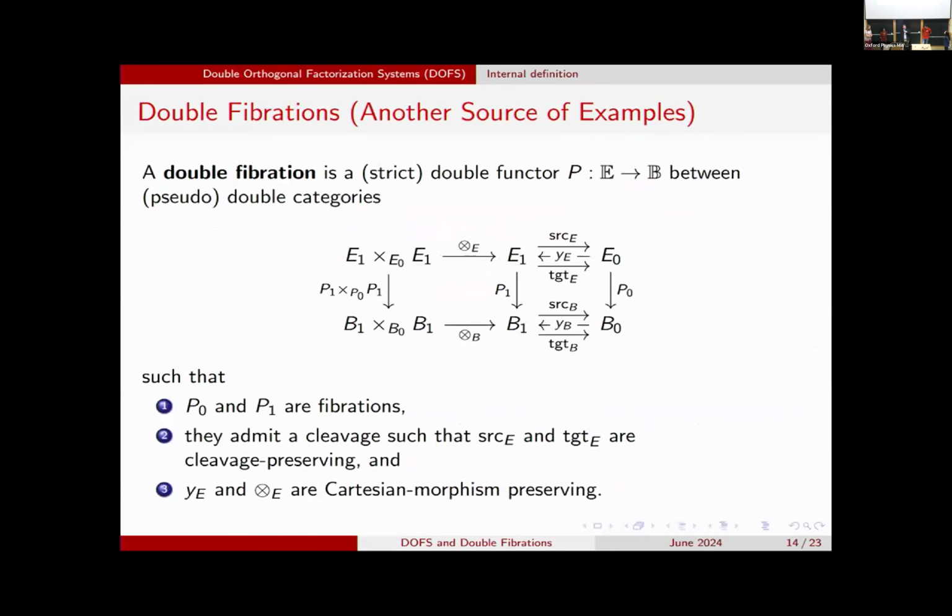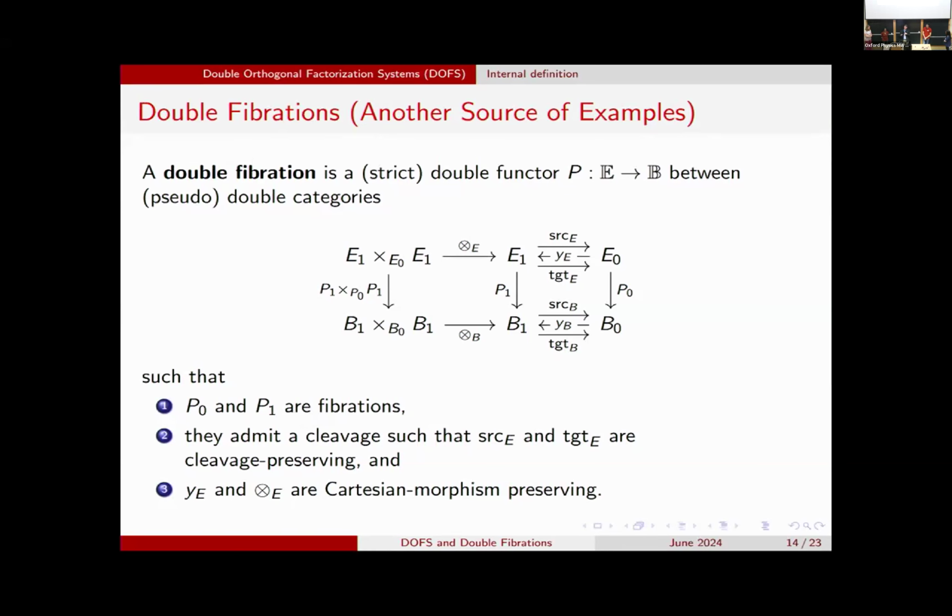When one talks about orthogonal factorization systems, it's natural to talk about how these might interact with fibrations. And in the case of double categories, a fibration is given by the notion of a double fibration. The easiest way to define this is usually by taking the internal definition of a double category, which we have on the top and bottom, and defining a double functor component-wise, which is a fibration on each component.